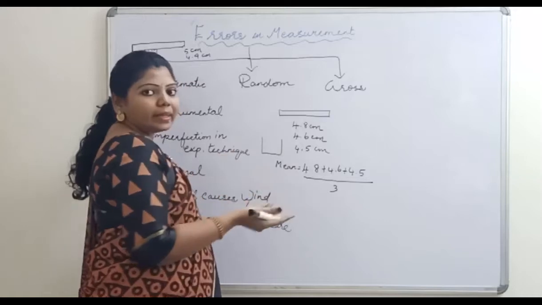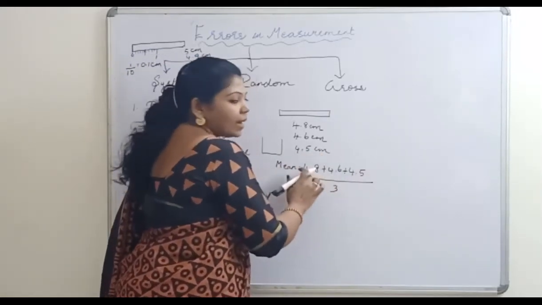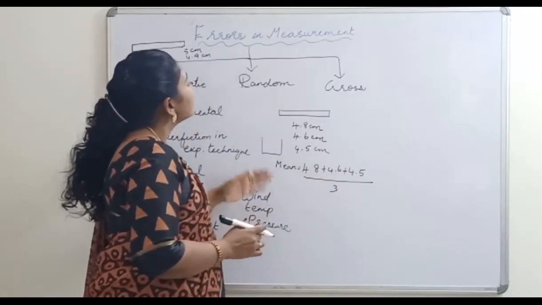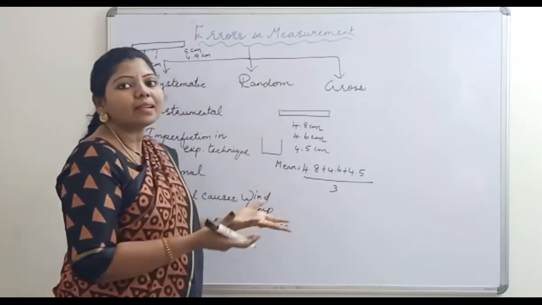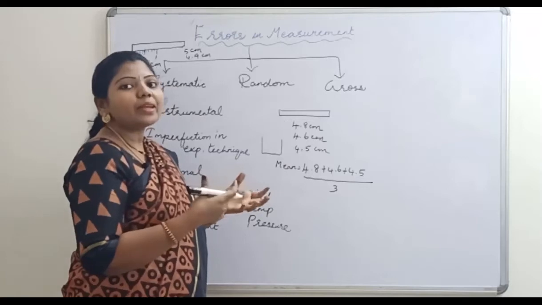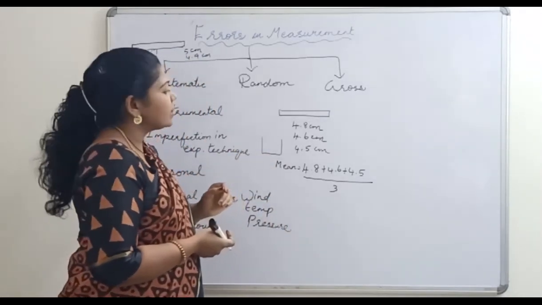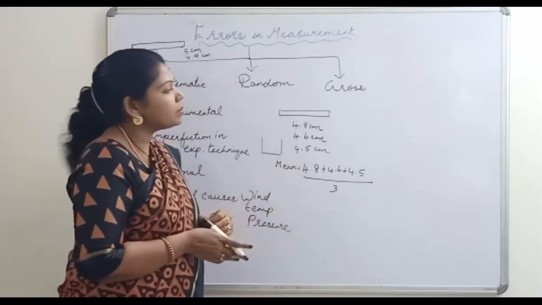If you are taking 5 readings, you put 5. So arithmetic mean means the sum of the values divided by the number of readings. These errors are called random errors. They occur randomly in the experiment, and if you get different values, that error can be minimized by finding the arithmetic mean.